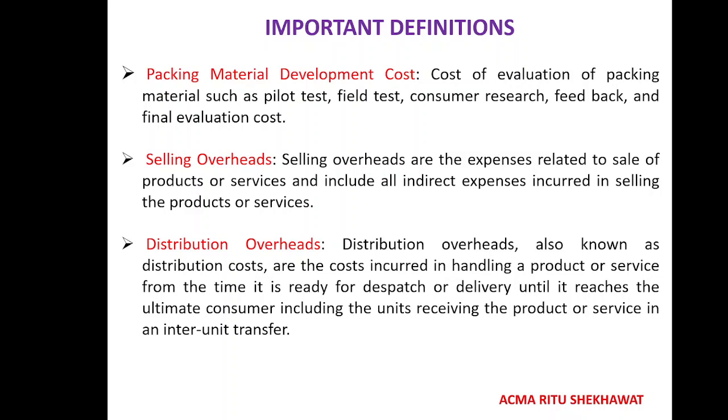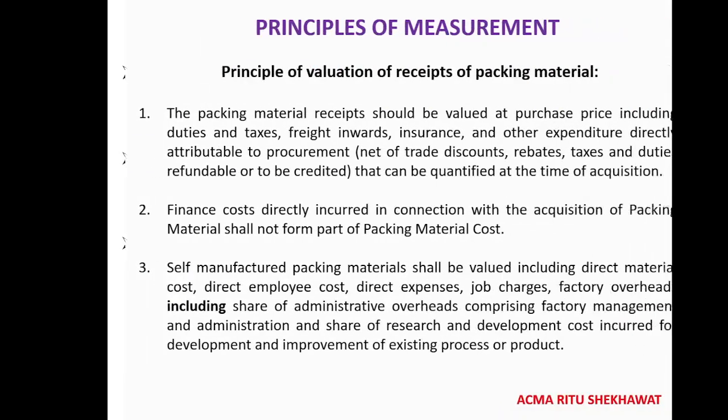Packing material development cost is the cost of evaluation, where feedback from customers is necessary. Selling overheads include the indirect expenses of delivering until the customer receives the product. Distribution overheads are all the charges for handling a product and the service provided on that product.